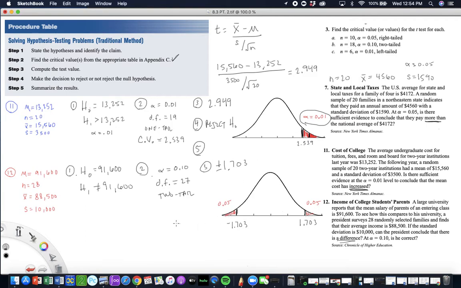So now I need to do my t-test. This is step number 3: find that t-value. So t equals 88,500, and again I'm using this formula right up here: 88,500 minus the population mean, divided by the standard deviation, which is 10,000, divided by the square root of the number of people in the test.